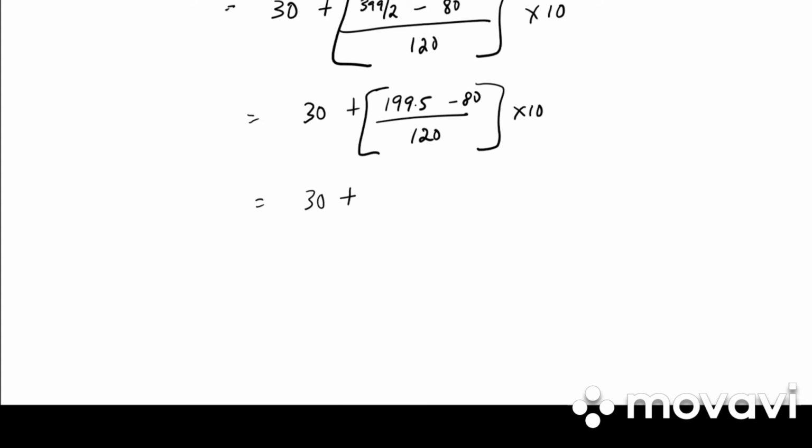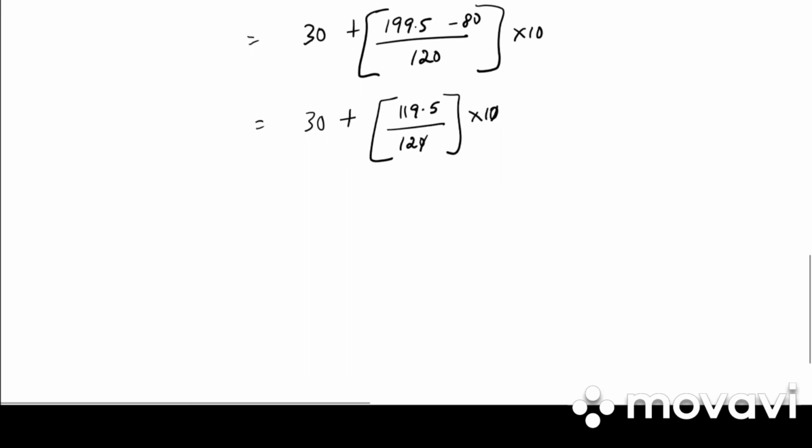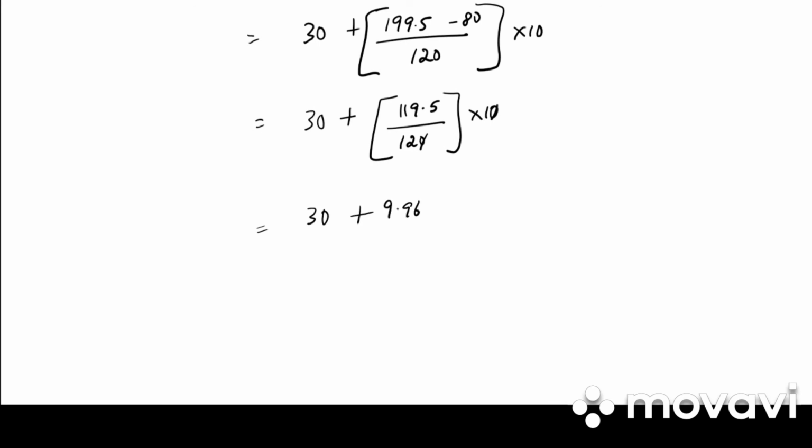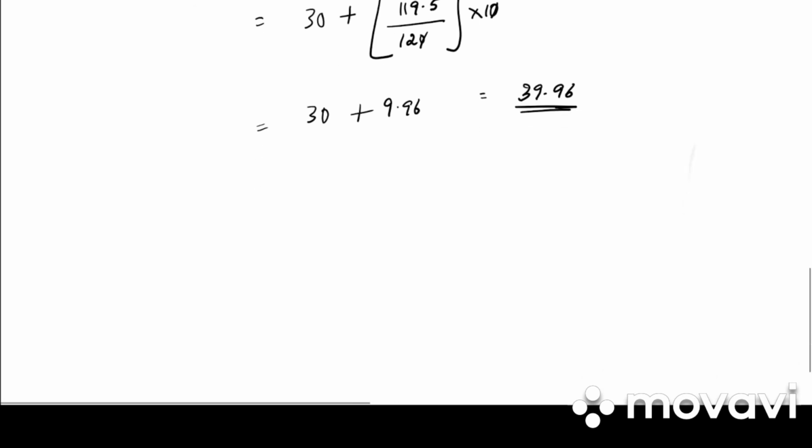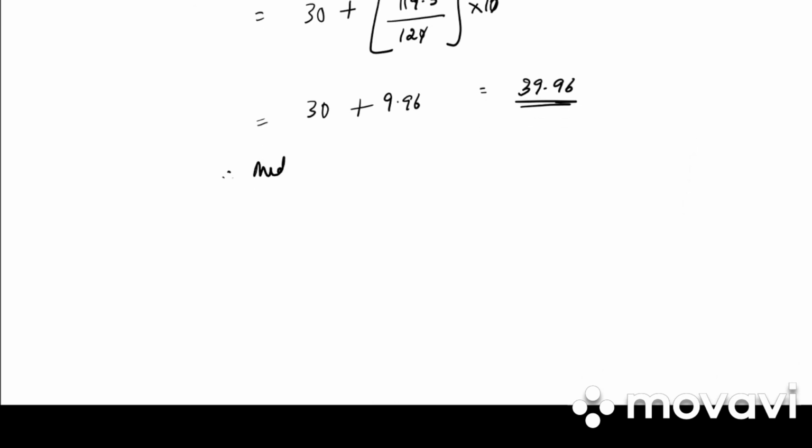So 30 plus 119.5 divided by 120 into 10. So 119.5 divided by 12 is 9.96. 30 plus 9.96, we get 39.96. Therefore, median marks is equal to 39.96. Clear?